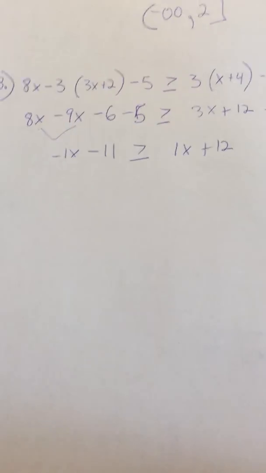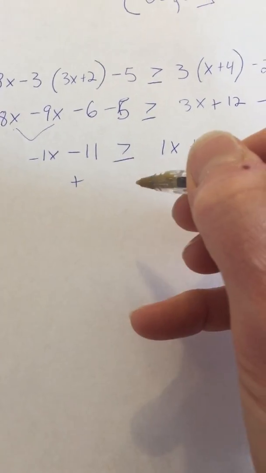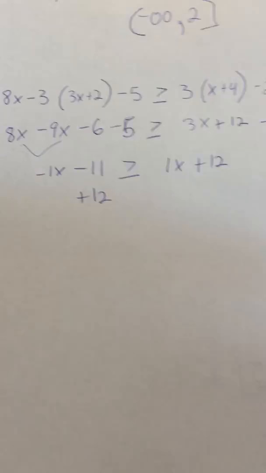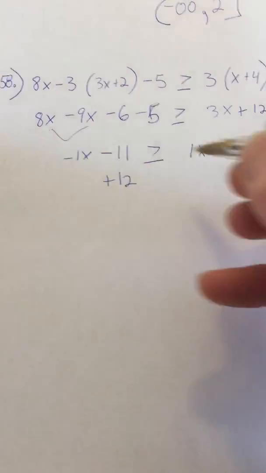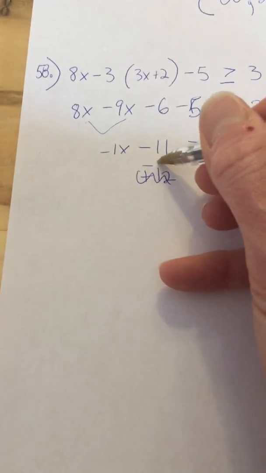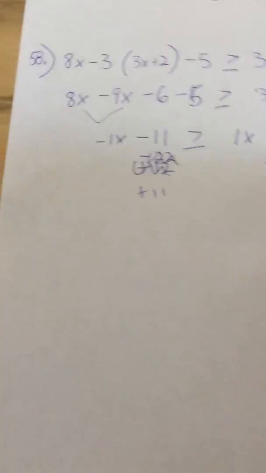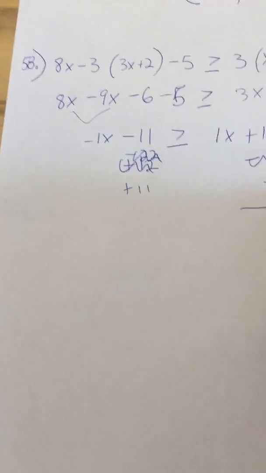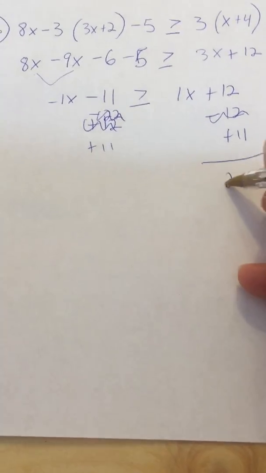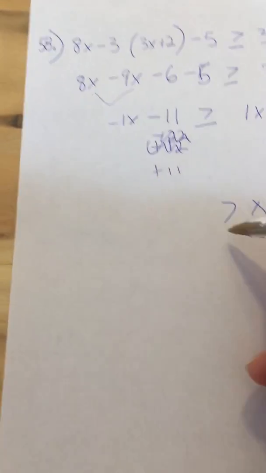And then I'm going to try to get, here I'll do plus 12. I can do that. Well, maybe I'll do it the other way. Maybe I'll take away 12. No, I'm not going to do it that way. Sorry, I'm being wishy-washy. So let's do plus 11, plus 11. So now I have a 23, and I still have the x over here.